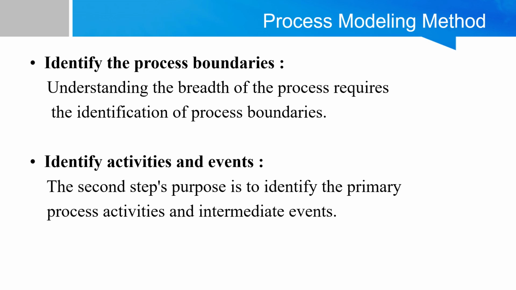Now the process modeling method. There are different steps. The first is to identify the process boundaries, which is necessary to understand the scope of the process, including who is involved in the process and what the estimated time and cost of the process are. The second is to identify the activities and intermediate events. The goal is to identify the main activities and the events.